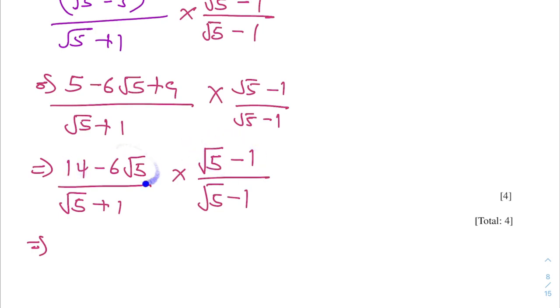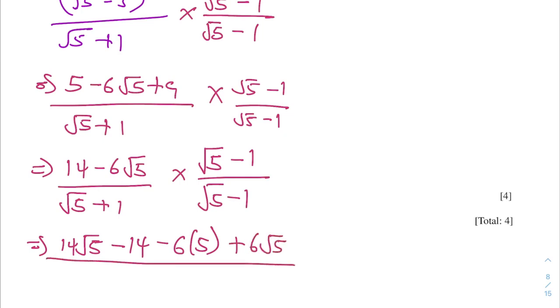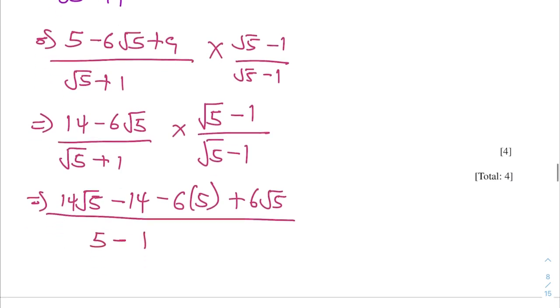Then what we now do is use the 14 to multiply through this, and use this to multiply through that. So we have 14 root 5, and then negative 14, then negative 6 times 5, then plus 6 root 5, all over. Now the denominator, I can see that is a difference of two squares, so that's basically 5 minus 1.